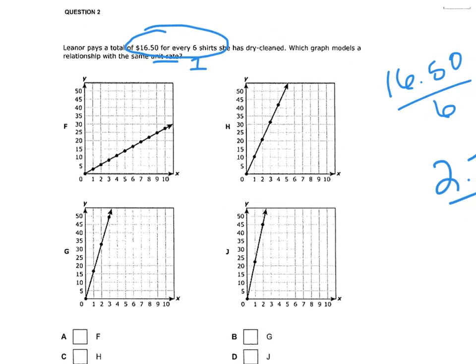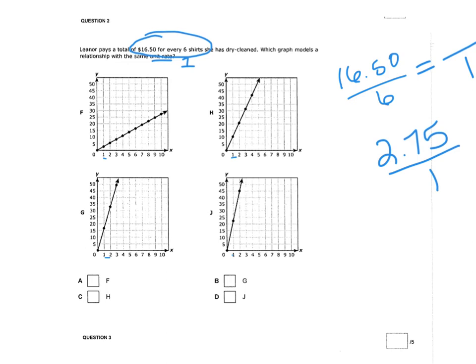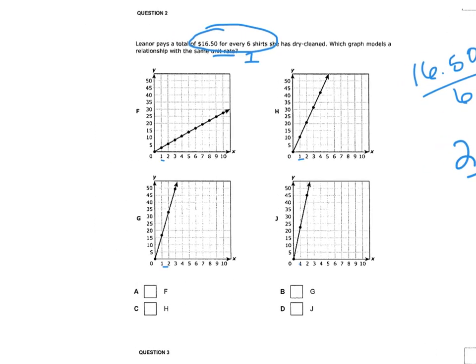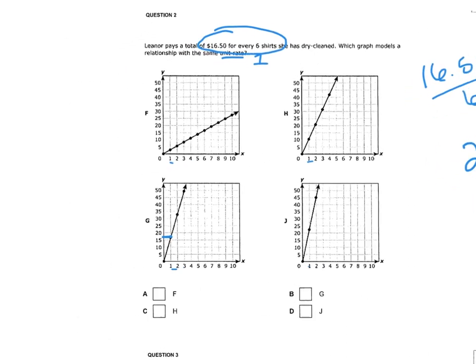So I'm assuming that the X value is talking about the shirts, and so it should be crossing about 2.75. On F, it crosses at like 16, 17, and that's the price of 6 shirts.